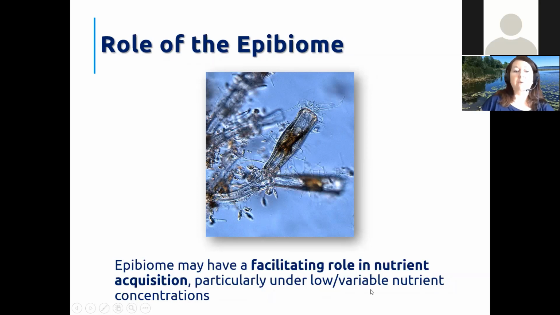So really the epibiome may have a facilitating role in nutrient acquisition. If you imagine that the phosphorus is really low out in the outer water column, but here it's tightly coupled and just cycling back and forth between organisms, that could be a potential mechanism for supporting growth of benthic mats like Didymo.